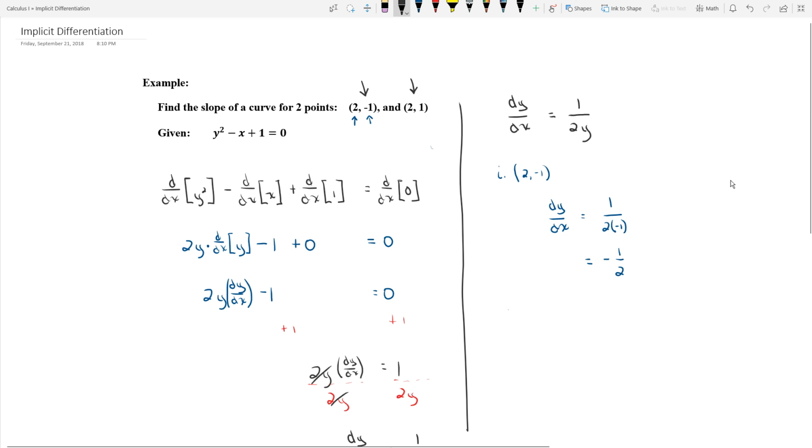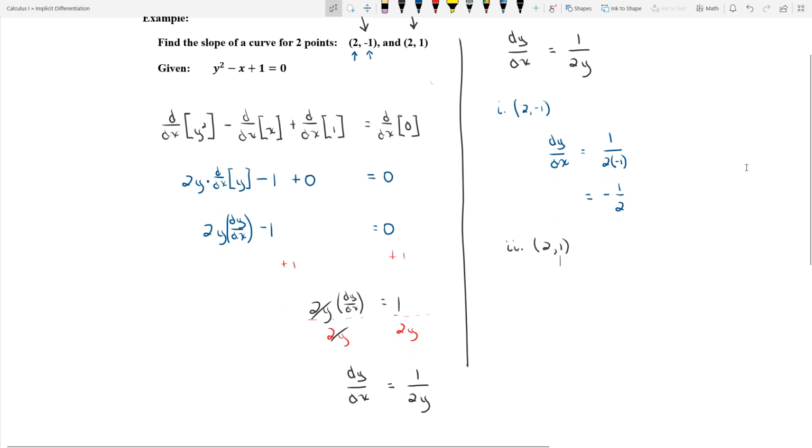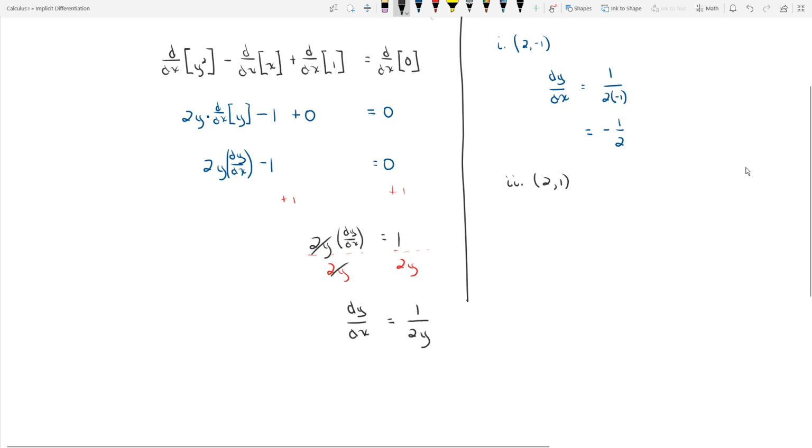Our second point is going to be (2, 1). And when we substitute that, we have dy over dx is equal to 1 over 2 times 1. And we end up with a +1/2. So we have two different slopes.